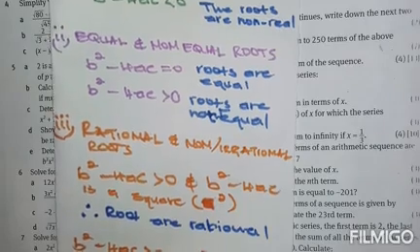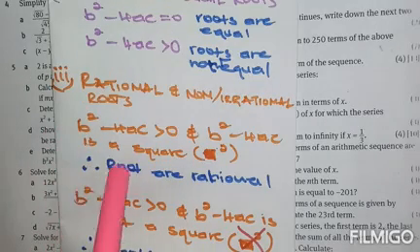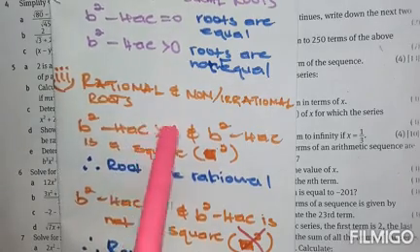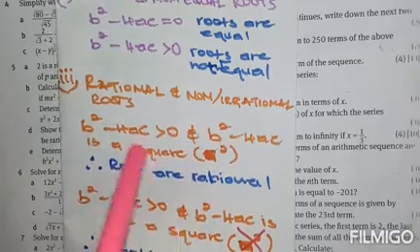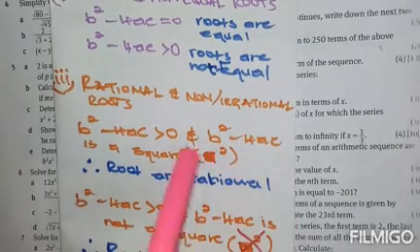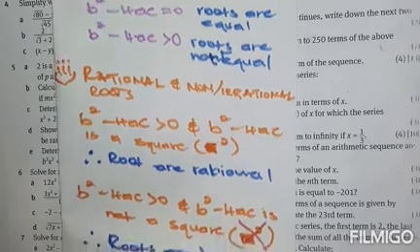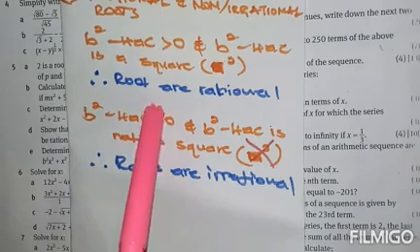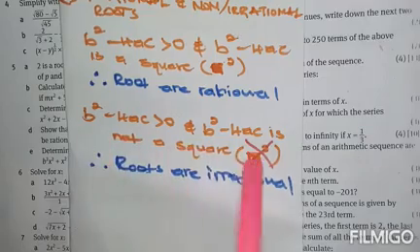And finally, our roots can be rational or non-rational, that is, irrational. Roots are rational when b squared minus 4ac is greater than 0 and is a perfect square. This can be 4, which is 2 squared, or 9, which is 3 squared. Our roots are irrational if b squared minus 4ac is greater than 0 and is not a square.